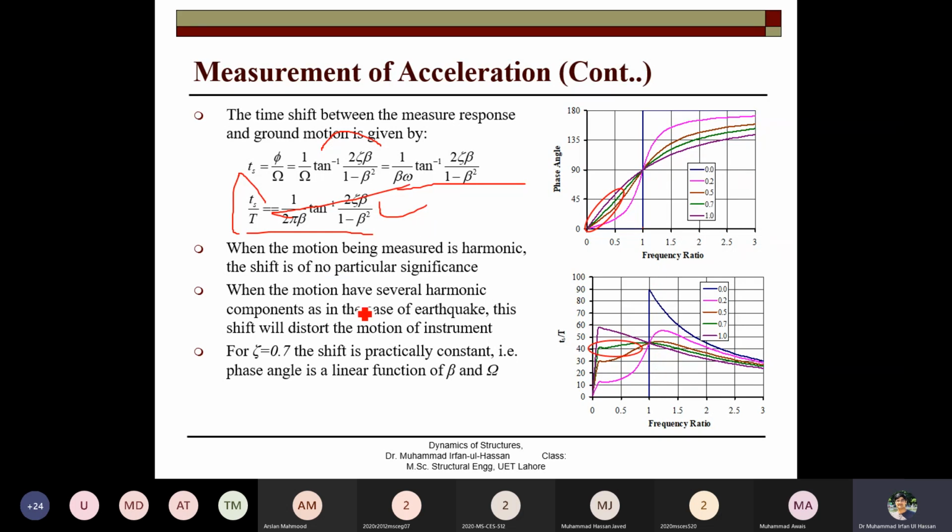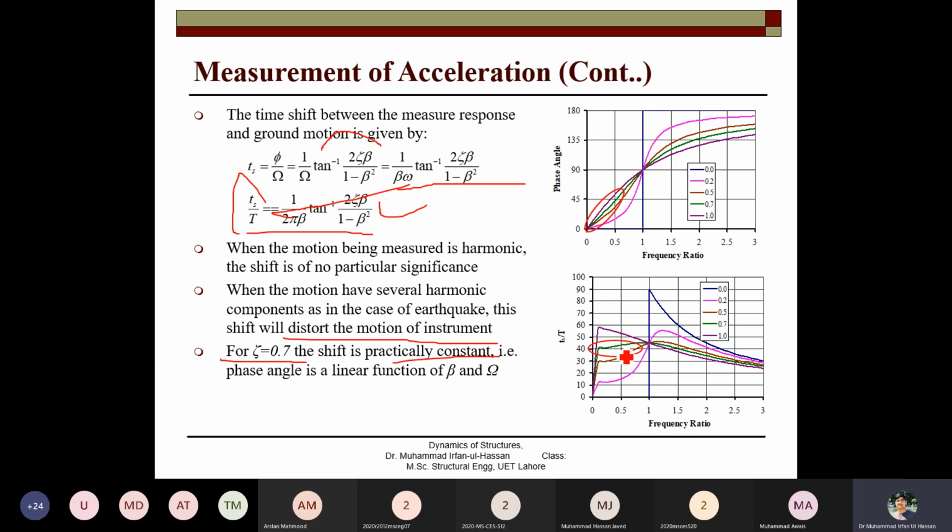But when the motion has several harmonic components, like haphazard motion, as in a seismic wave vibration time history, this shift will distort the motion of the instrument. For the zeta value of 0.7, it is again seen that the shift is practically constant.